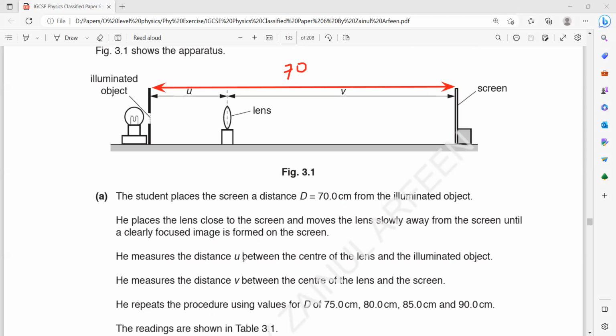Then he measures a distance u, the distance between the lens and the illuminated object, and v, the distance between the lens and the screen. Then he repeats the procedure using different distances between the screen and the illuminated object, like 75, 80, 85, and 90.